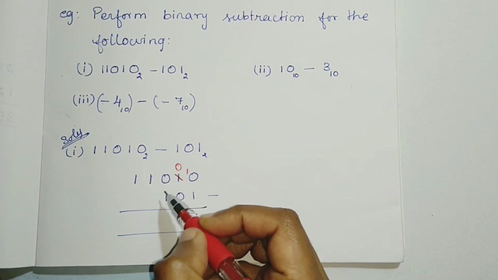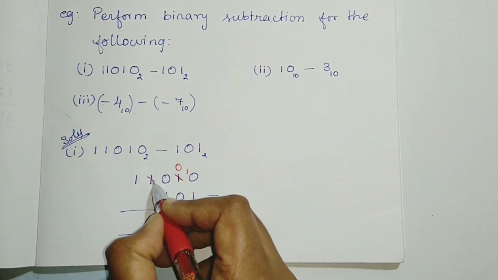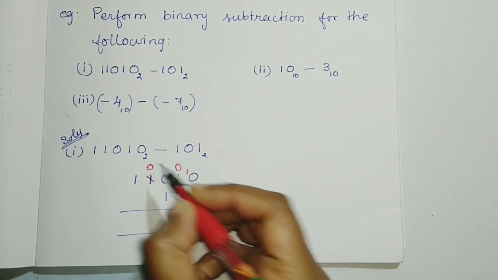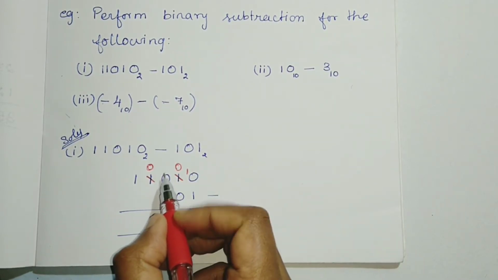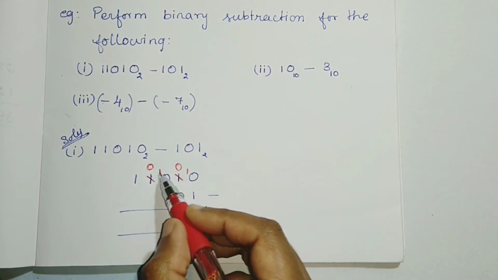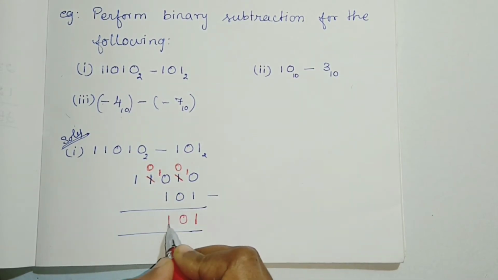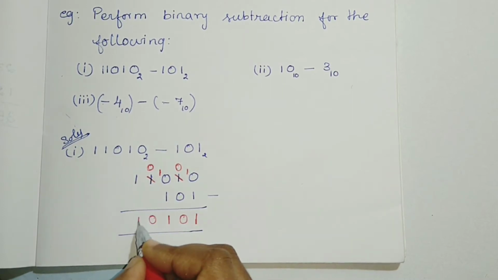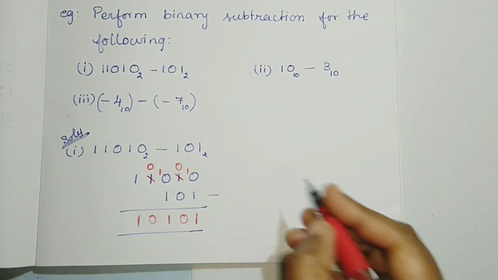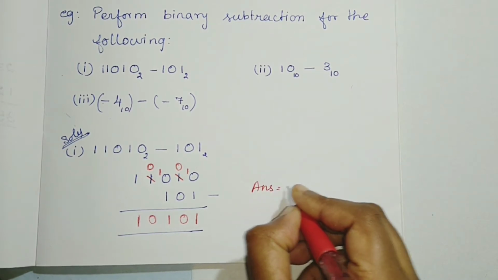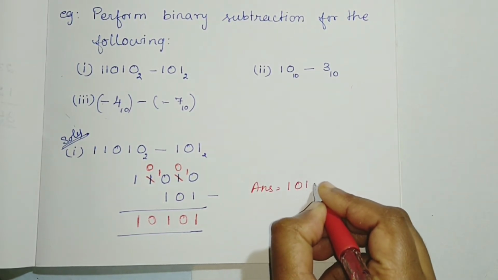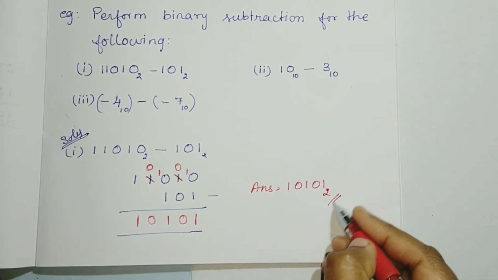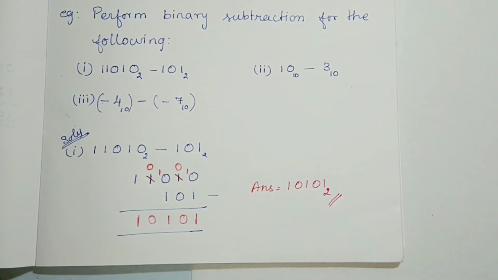And again we have 0 minus 1, not possible. You have to borrow from the nearest bit. Strike out that 1 and replace it with 0 and write the 1 to this bit. So here it turns 10. 10 minus 1 is 1. And 0 comes as it is. Then last is 1. So we got the result. The answer is 10101 base 2. So this is the way to subtract binary numbers.